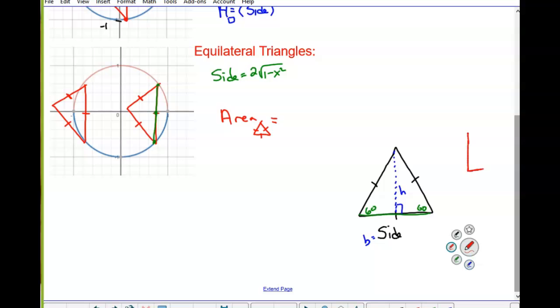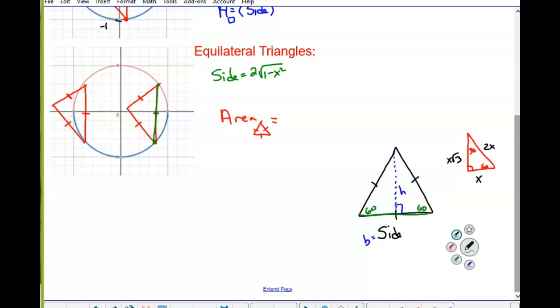Now, this is where it gets a little interesting. Remember 30, 60, 90 triangles? And we had something like x, 2x, x square root of 3. So the height is half the value of the side, because notice this side is really the same as the 2x.